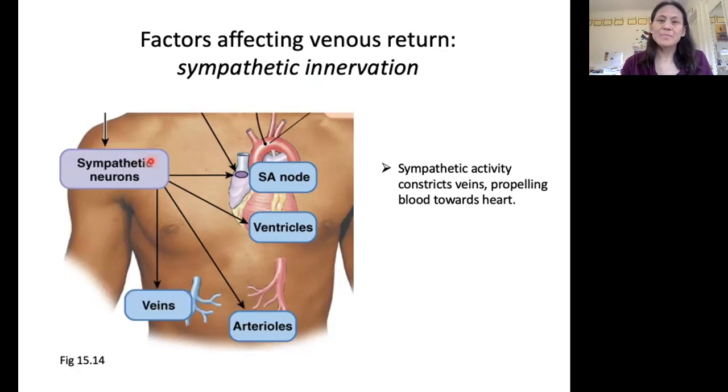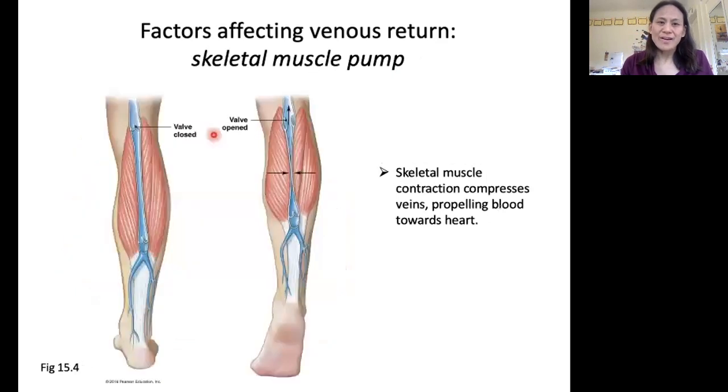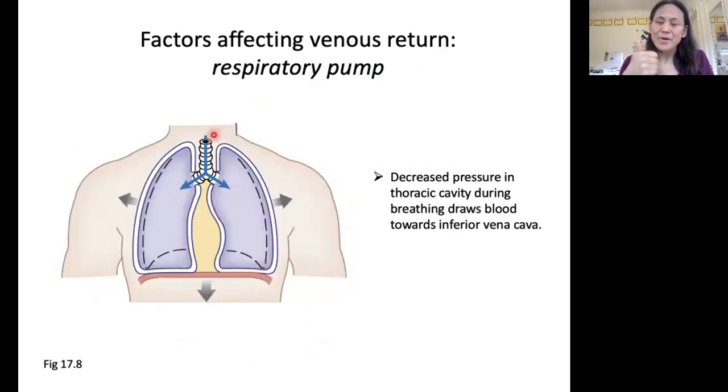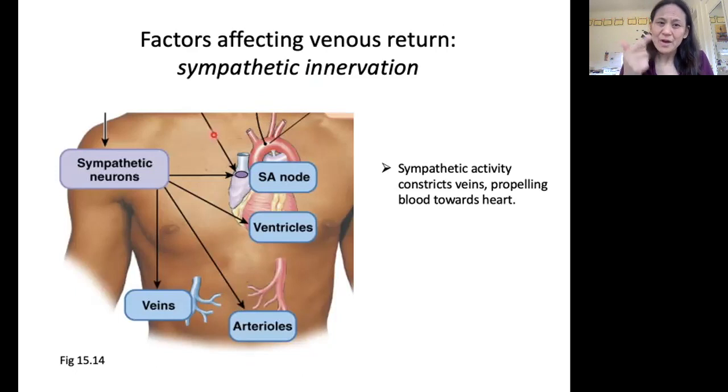So just to summarize, we have our skeletal muscle pump, we have our respiratory pump, and we have sympathetic innervation all working to increase our venous return, to bring that blood back to our heart so that we can then have it available to pump out back to the rest of our body or to the lungs. Okay.